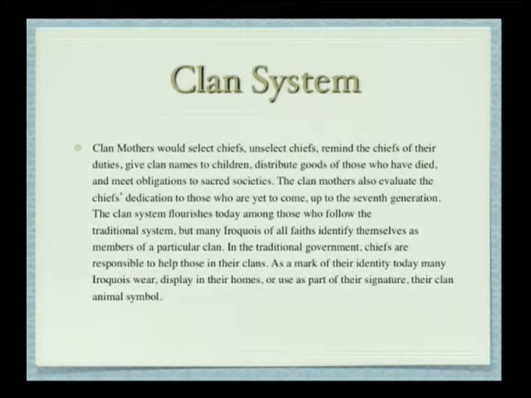So in traditional government, chiefs are responsible to help those in their clan, and as a mark of their identity today, many Iroquois will wear or display at their homes, as part of their signature, their clan animal symbol.